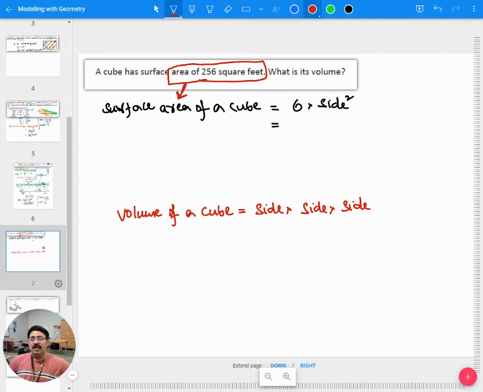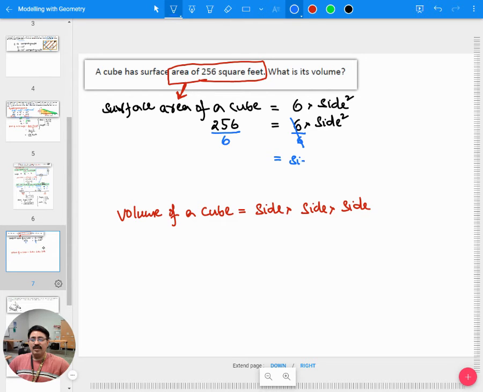Let me plug in the value of surface area here as 256. The 256 plugged in here equals 6 times side squared. You know how to isolate the variable, which is side. 6 is multiplying, the inverse operation is division.